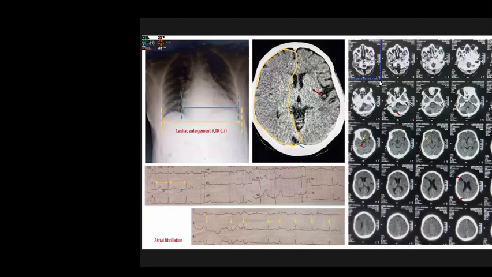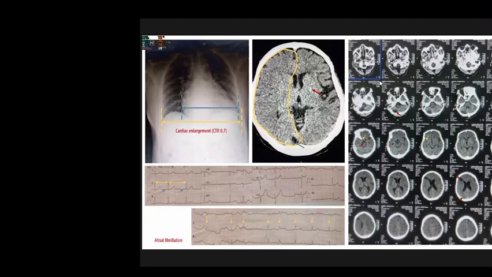On the yellow arrow is the MCA, and the red arrow is the basilar artery. Also, there are some calcifications noted in the Sylvian fissure, which is the MCA.